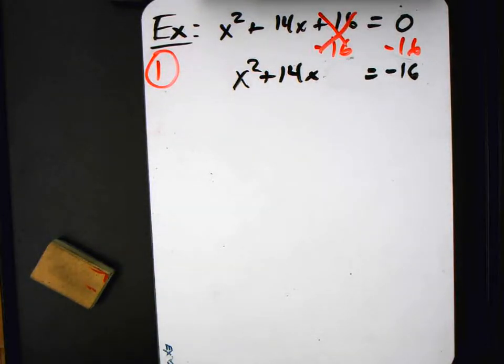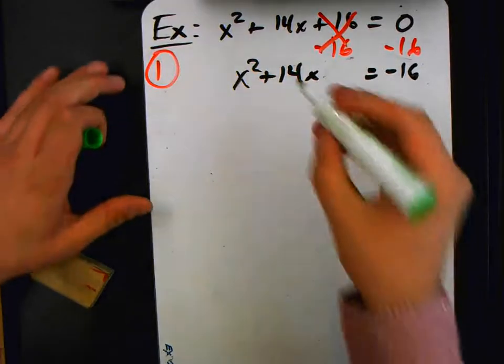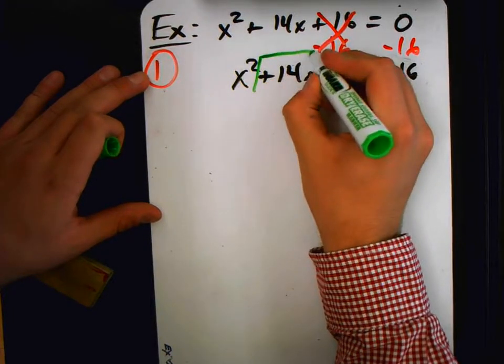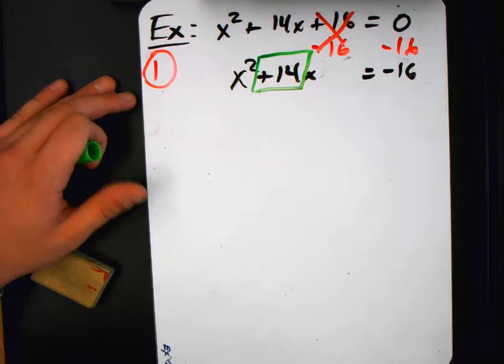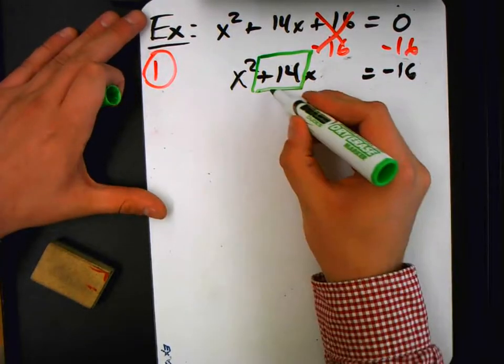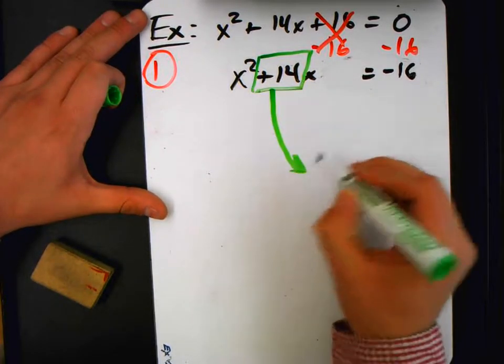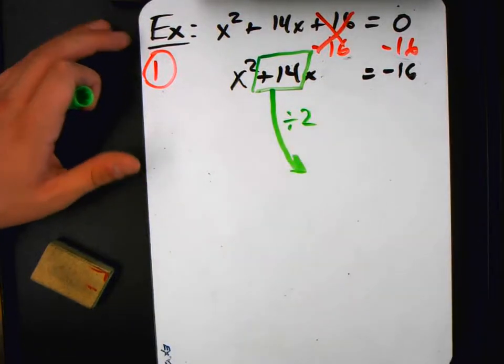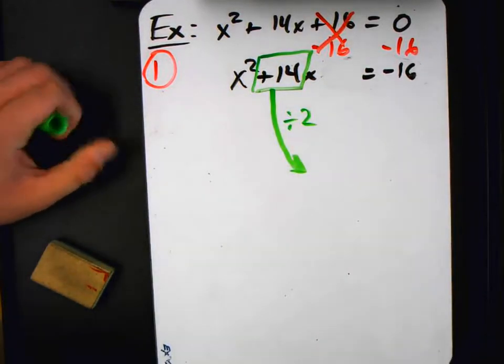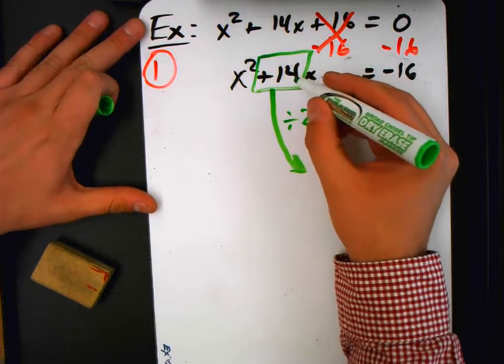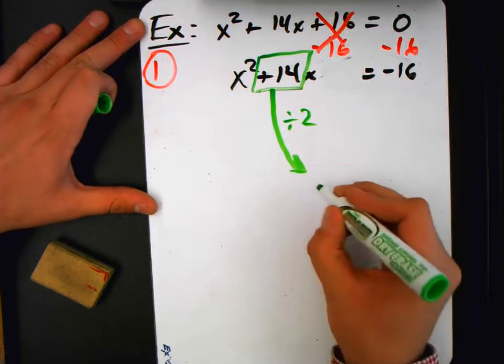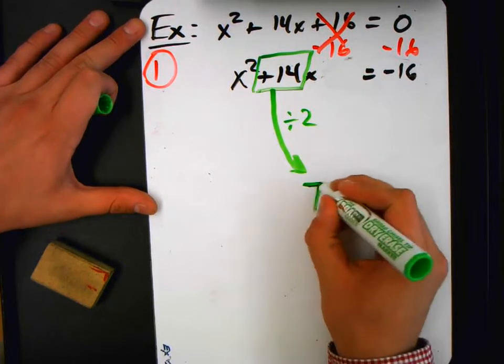Okay? The very first thing to complete the square is to look at your middle term, including the sign in front of it. Take that number and divide by 2. 14 divided by 2 is 7.